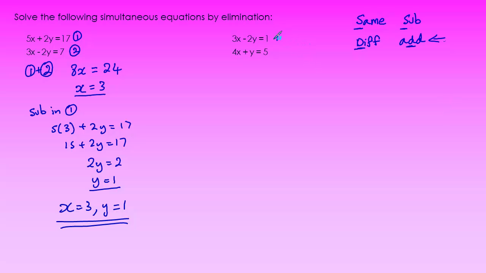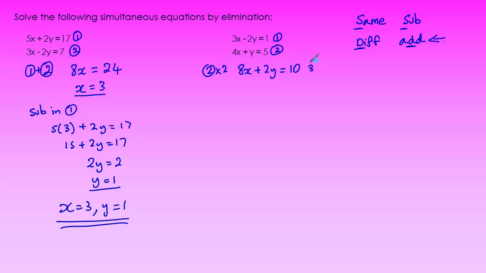Now if we call this equation 1 and this equation 2, note here we don't have the same number of x's, nor do we have the same number of y's. But we can easily change the second equation by multiplying everything by 2. And then it will become 8x add 2y is equal to 10.